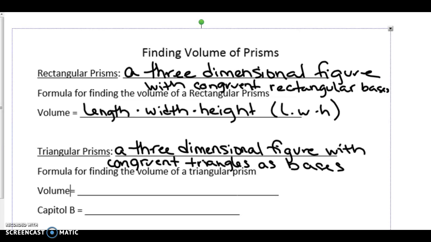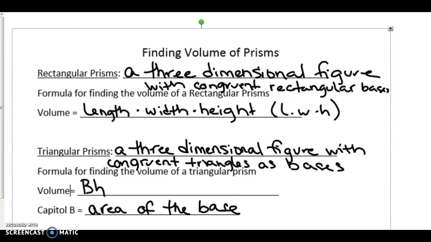Okay, so each end of the prism is a triangle. The equation to find the volume for a triangular prism is a capital B times H. What does the capital B mean? The capital B means area of the base. So you find the area of the base, in this case for a triangular prism it's a triangle, and then you multiply it times the height.